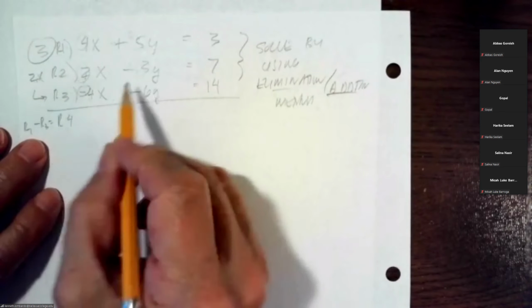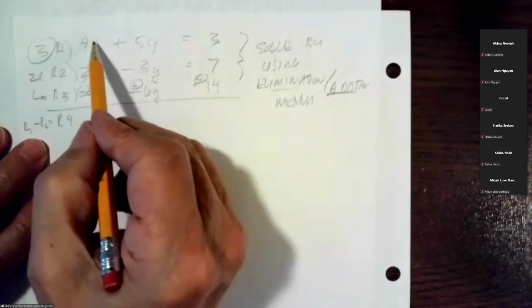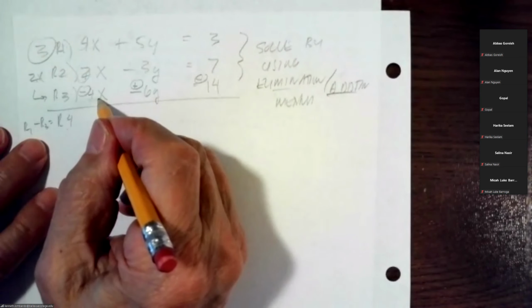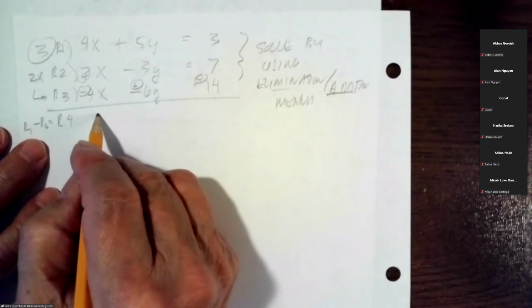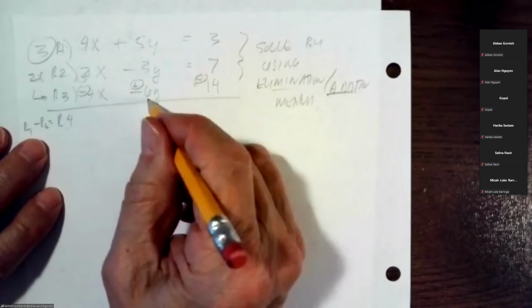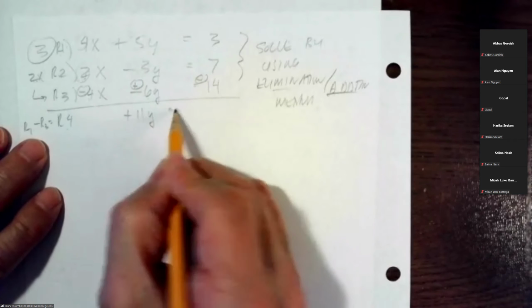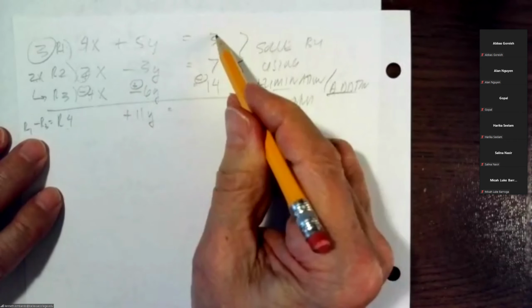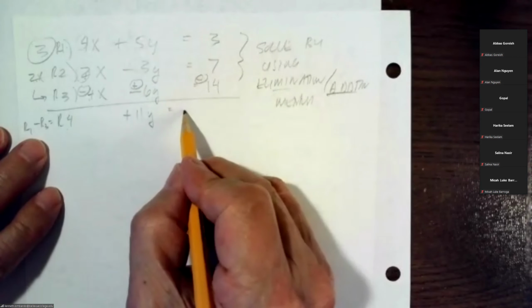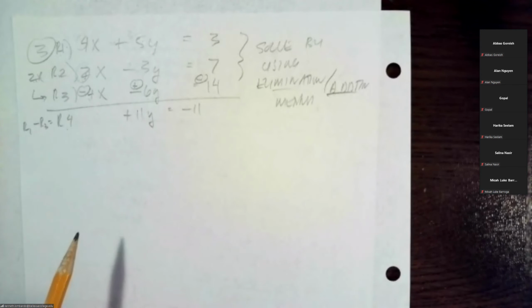So I'm going to change these signs to show that I'm subtracting. Now when I combine row 1 and row 3, the x values go away, don't they? There's none left. And the y values, I've got a 5 and a 6, and they're both positive, so that's plus 11y equals, and I've got 3 from 14, that looks like a negative 11. Okay, if I've done my arithmetic properly.